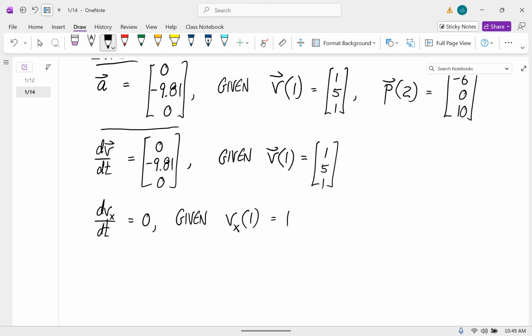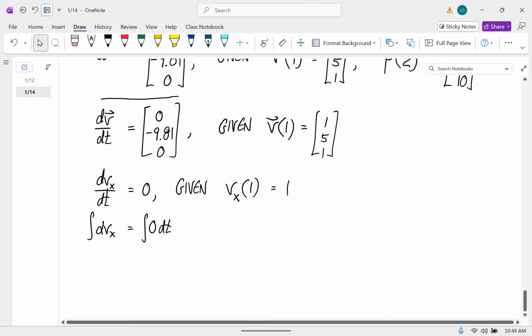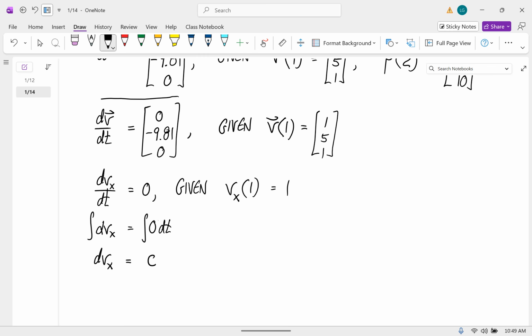Separate variables, and you get the integral of dvx is equal to the integral of 0. And so this just says that vx is equal to c.